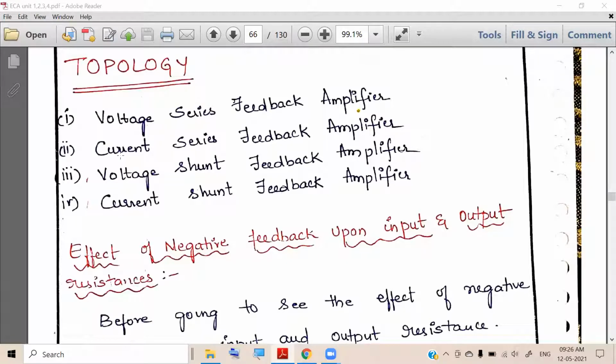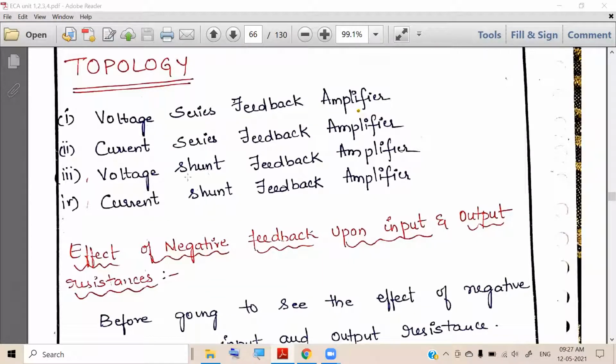In the second case, the current series feedback amplifier, we represent the output in terms of current, whereas the input we represent in terms of voltage. Third case, voltage shunt feedback. In this feedback amplifier, the output is voltage, and it is shunt mixed at the input.